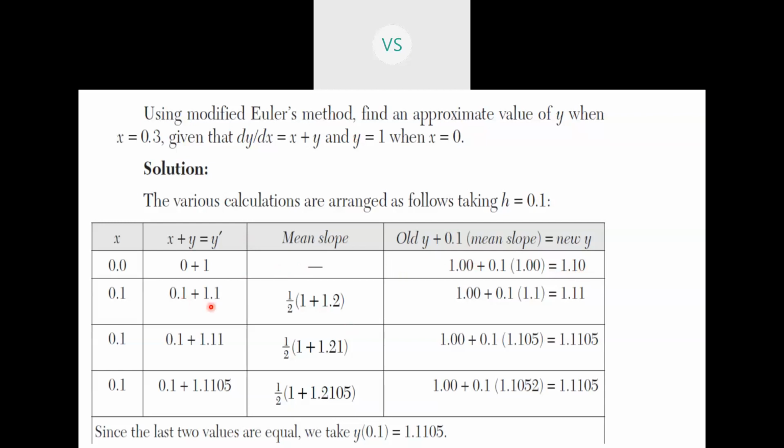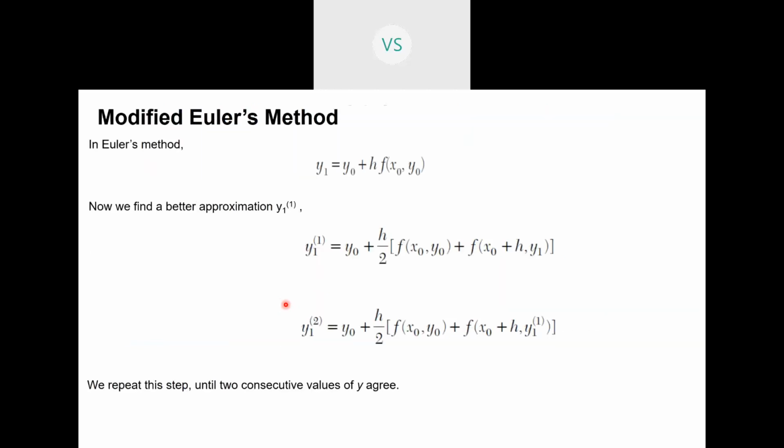So we have used 1.1 from here. So 1.1 plus 0.1 becomes 1.2. So what is the mean slope? Half of 1 plus 1.2. Over here in this formula you have to substitute the value.